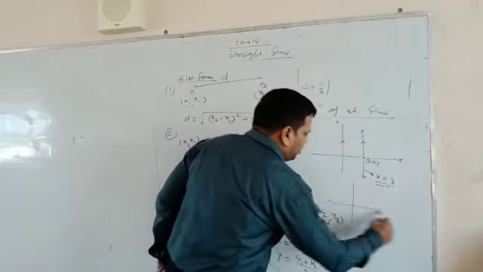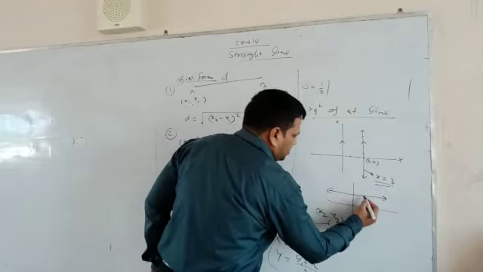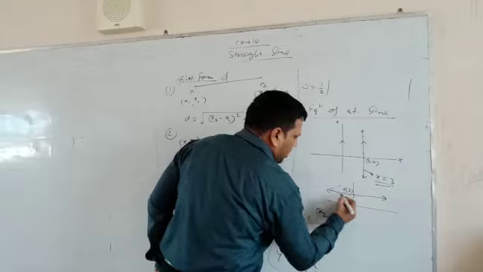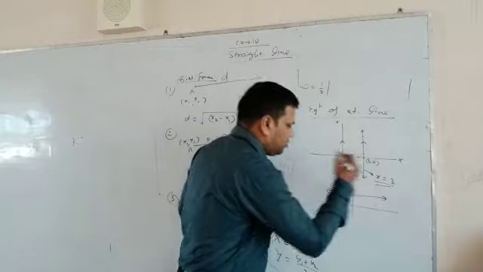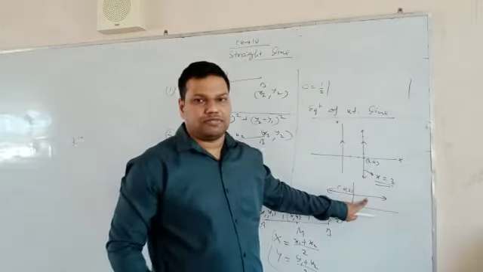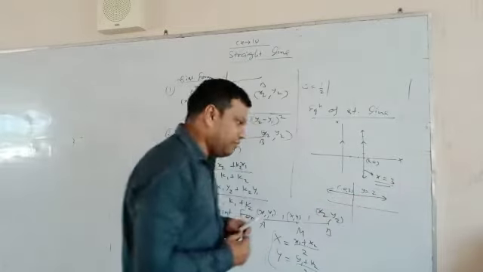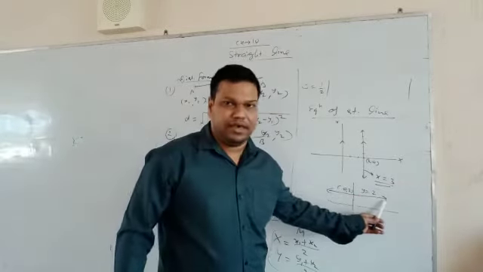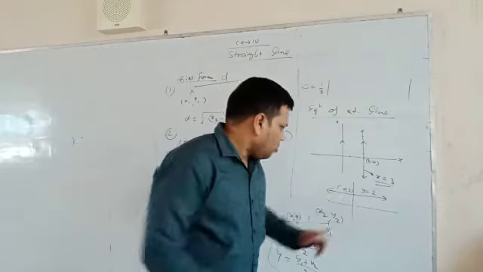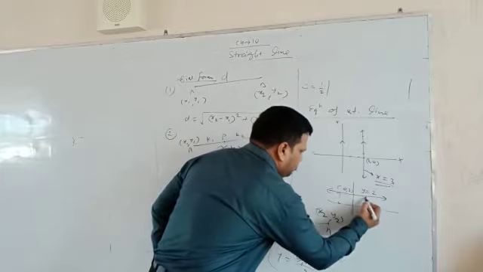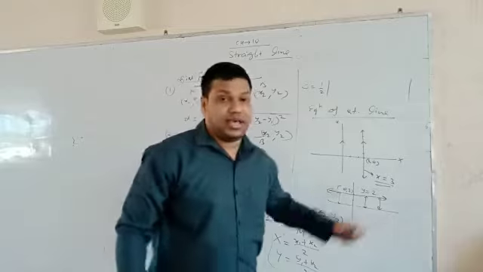Now another scenario: if the line passes through the point 0, 2, what will be the equation? That can be represented as y equal to 2, because y is fixed here, always 2, but x is not fixed.